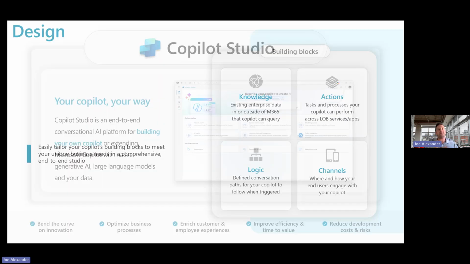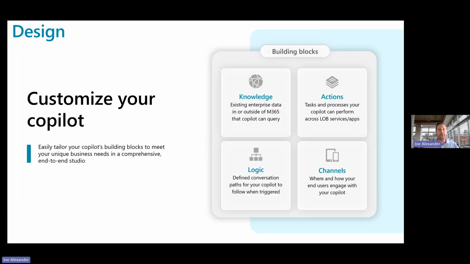When you're building these things out, there are some real typical building blocks associated with any type of assistant, if you will. There are really 4 core building blocks, and I want to focus on 2 right now, and we'll come back to the other 2 in a second. I want to focus on knowledge and channels. One of the great things about Copilot Studio now is we can create an agent or a copilot, if you will, based off of a specific set of knowledge, right?